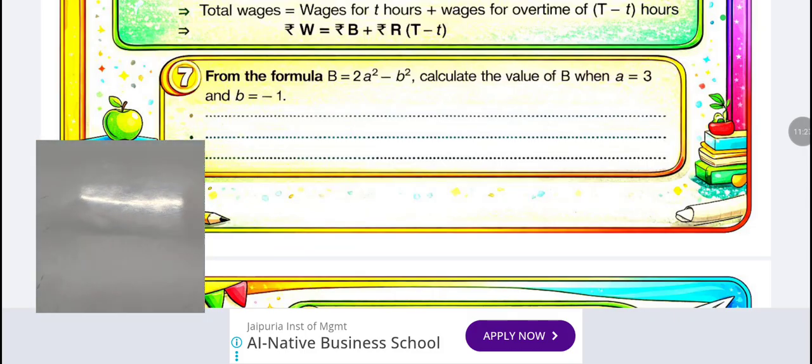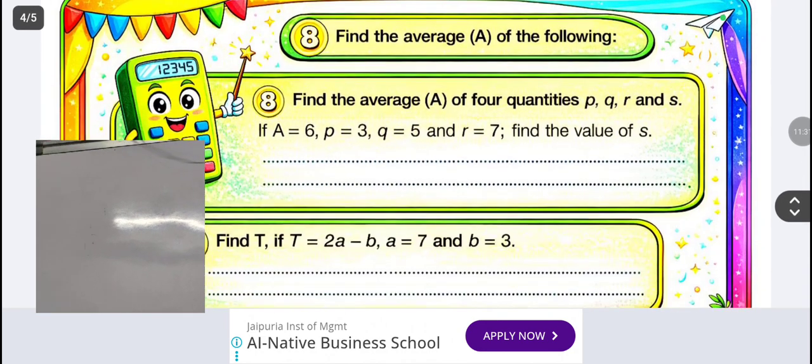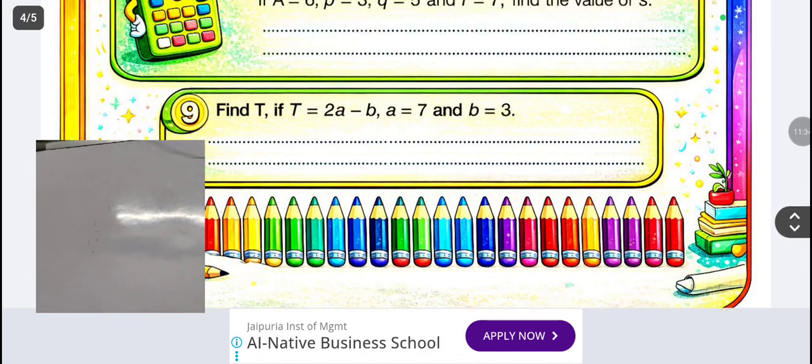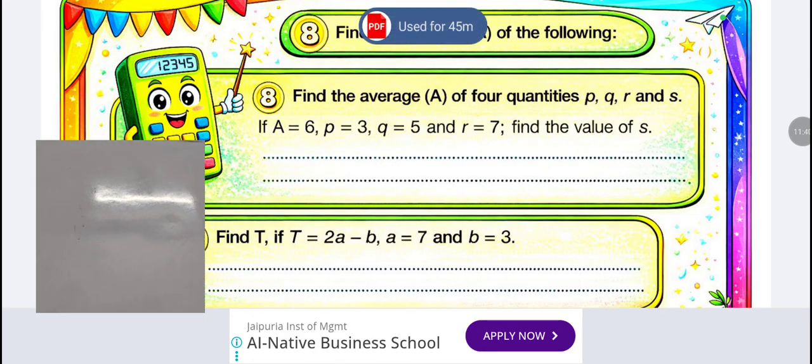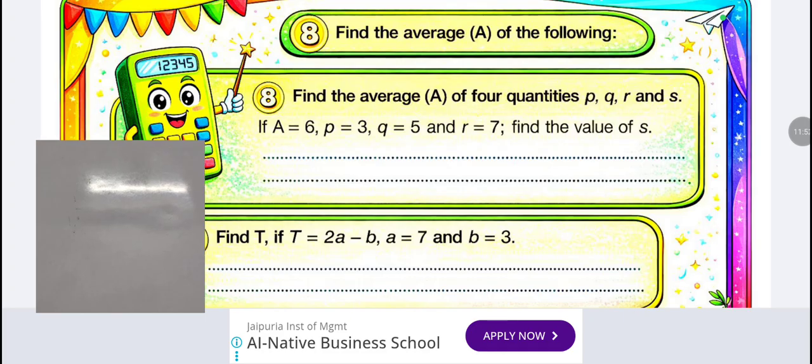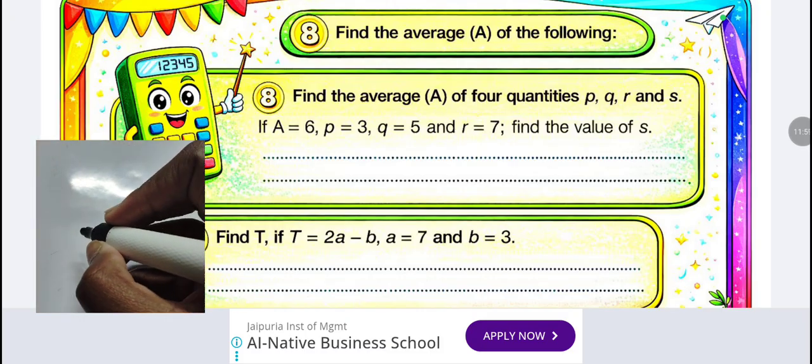In 11 minutes, we have done 4 questions. So let's do the 8th and the 9th, the last one. Find the average A of 4 quantities P, Q, R, and S. I think I have done this question.